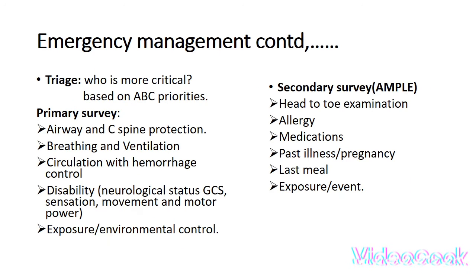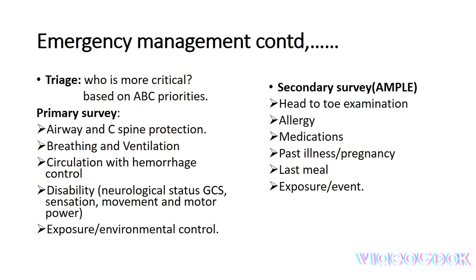So about the emergency management, we do triage, as I mentioned, for mass casualty, where we look for the more critical patients, and they have to be saved first. This is also based on ABC priorities.